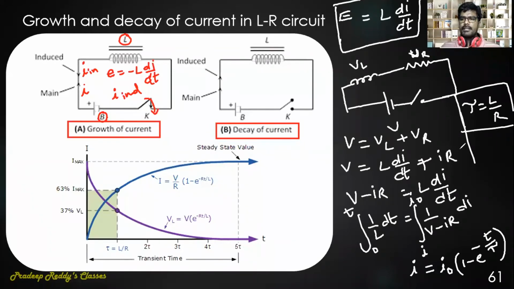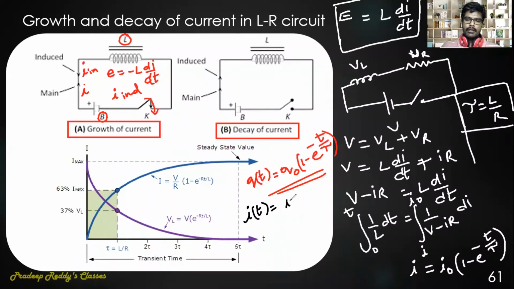In the capacitors chapter, we discussed growth of charge in a capacitor, where Q of t is equal to Q naught into 1 minus e power minus t by tau. In the same way, in the case of an inductor the current grows. Therefore, I of t is equal to I naught into 1 minus e power minus t by tau, where I naught is the maximum current in the inductor. This is the equation for growth of current in the circuit.